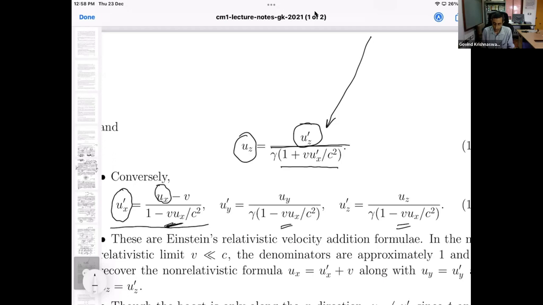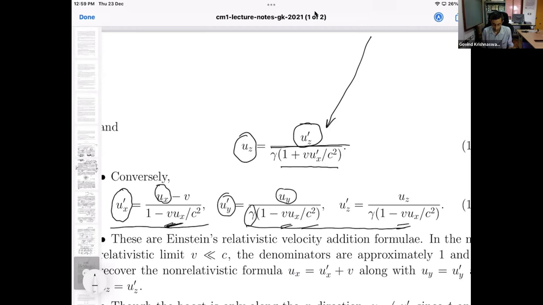The other two formulae, the orthogonal direction components of velocity, the numerator doesn't change. Uy prime is the same as uy, but divided by the same factor in the denominator as we got before, except that there's a gamma also. For x, the gamma cancelled, numerator and denominator.